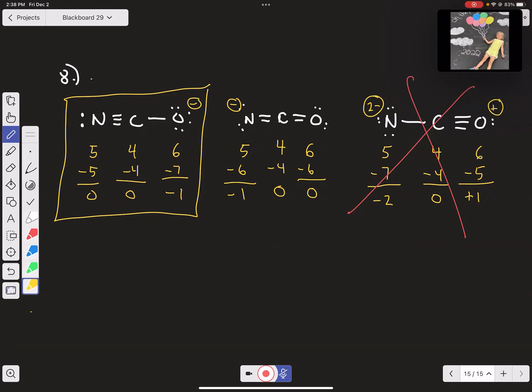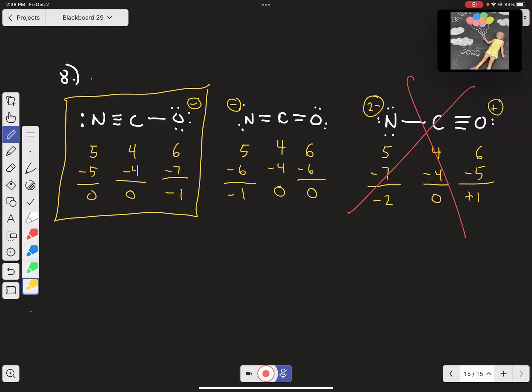It would have mattered if we had a double bond and a single bond and then nothing else on carbon, because that would be a violation of the octet rule for carbon. So no, it doesn't matter, whether we're comparing a double bond with a triple bond, as long as we've fulfilled the octet rule for those elements involved.